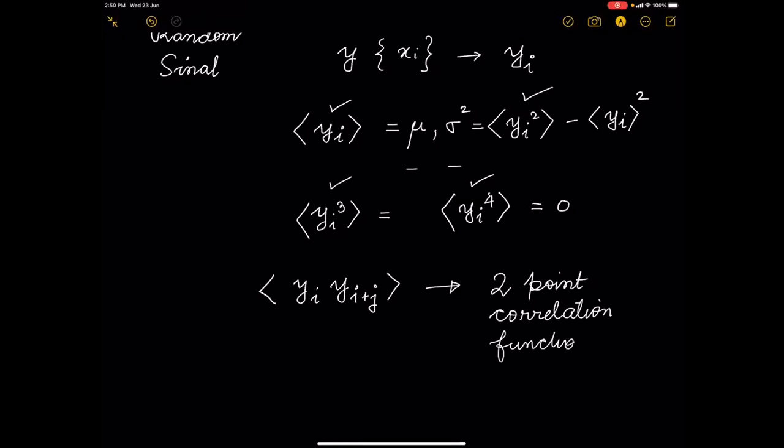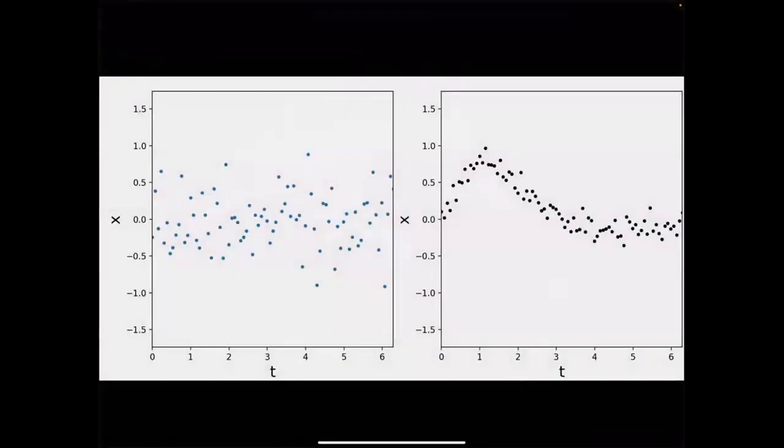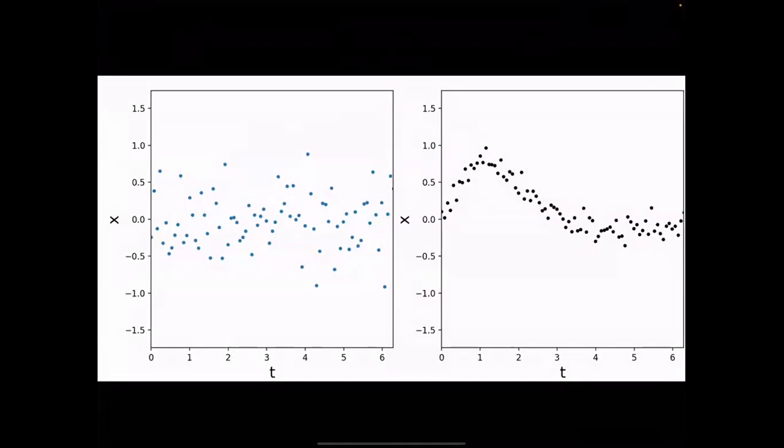Now you can imagine that if I look at this function for these signals, they may be different. If I look at the signal on the left hand side, what does the 2-point correlation function tell me? Say I know the signal at a given point, and I ask the question, what do I expect the signal to be at the next instant of time?